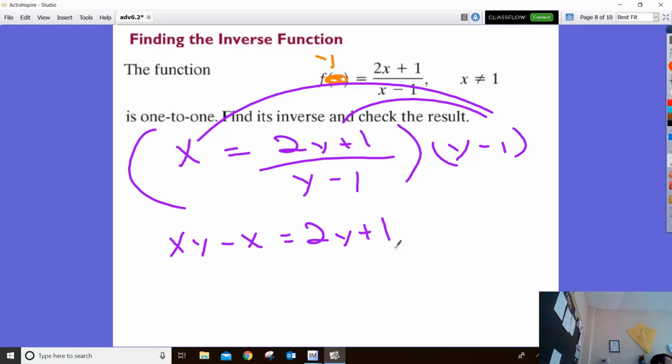I'm going to leave xy where it's at. What else has a y? Jump that thing around. You can move xy to the right if you want. I don't really care. But I'm going to leave it on the left. Everything else goes to the other side of the equation. So that negative x becomes positive.